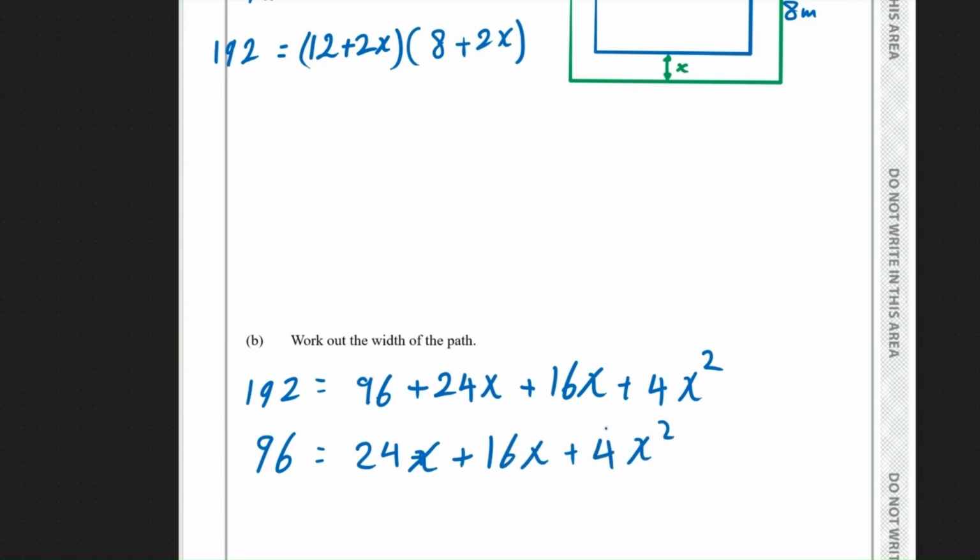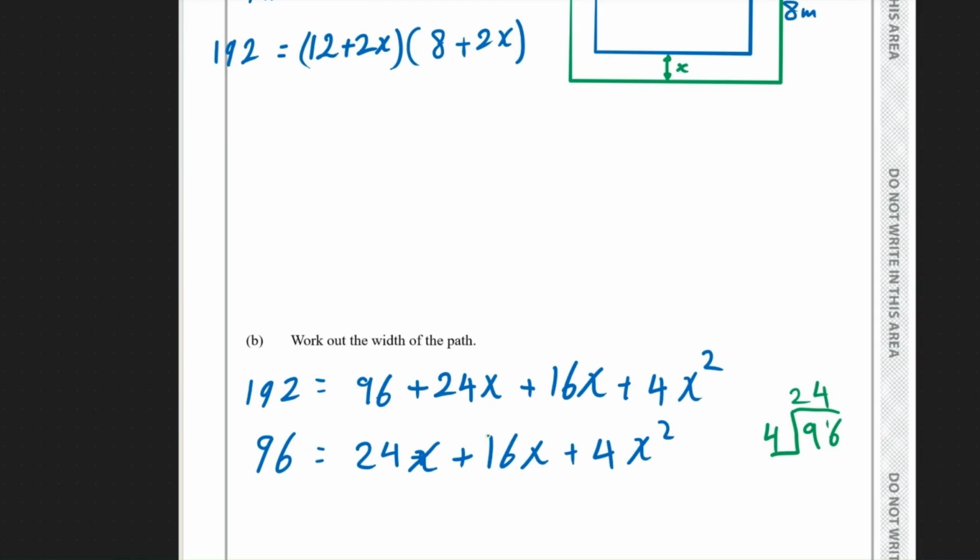Before collecting like terms, is there any way to reduce these numbers? Yes, there is something interesting to observe. 4 and 16 can be divided by 4, 24 can be divided by 4, and 96, if you are not sure, have a go on the side. 96 divided by 4 is 24. 16 divided by 4 is 4. That means all terms can be divided by 4, on both sides.